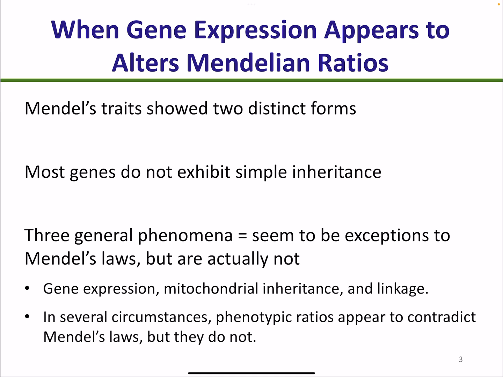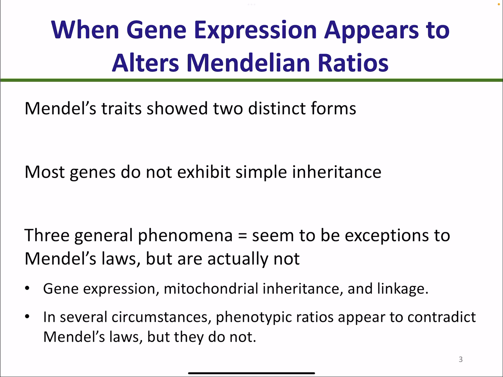Now, just as a reminder, Mendel's traits show two distinct forms, dominant and recessive. But in real life, it's not as clear-cut because some genes occur in more than two simple alternate forms, one being dominant and the other recessive, right?